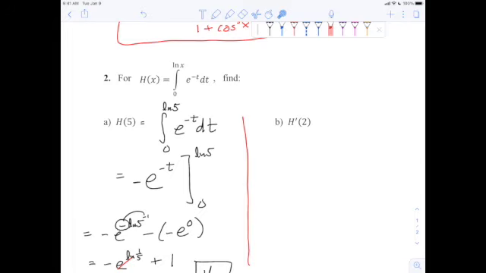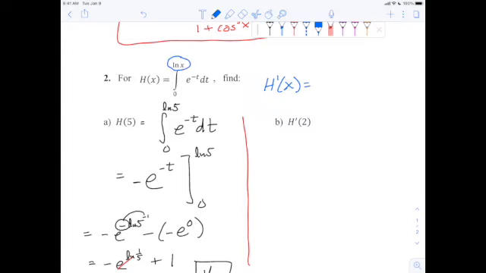So, you always make the derivative, you define the derivative first, and then you plug in any x value you might want into that. So here's another chance to practice this second FTC, or this property of taking the derivative of an integral. Let's define what h prime of x is, right?